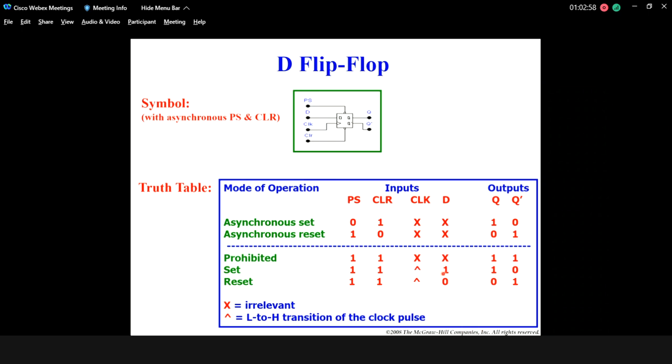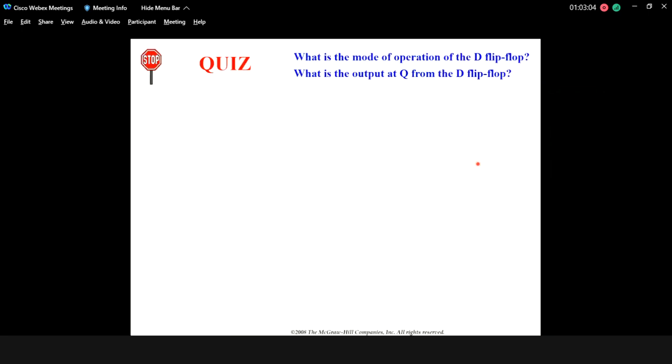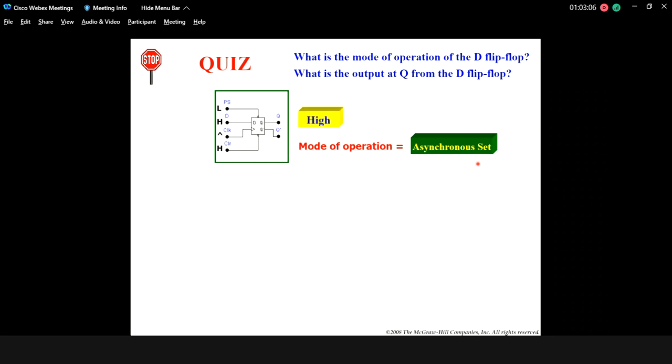So this one is in the D flip-flop. So now preset low, clear high. So in asynchronous set, the output will be high. No need to pay attention to the clock and the input.